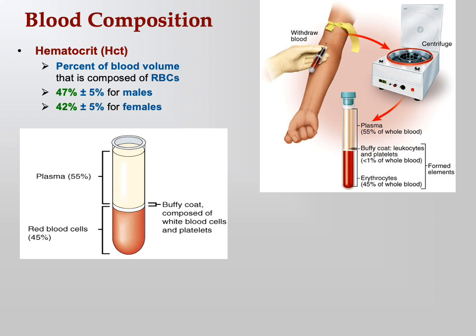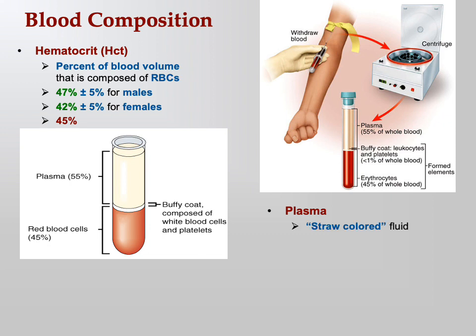So if you average those two together, that's 45%. So the standard number given in all the books for hematocrit is 45%. But remember, for males, it's normal to be anywhere between basically 42 and 52. For females, normal to be anywhere from 37 to 47. So there can be a lot of variation. 45% is sort of like the average normal value, all right?